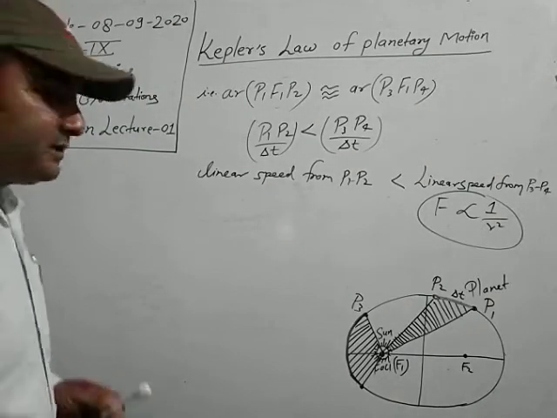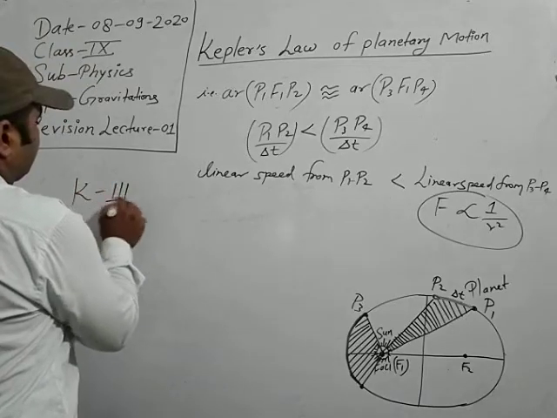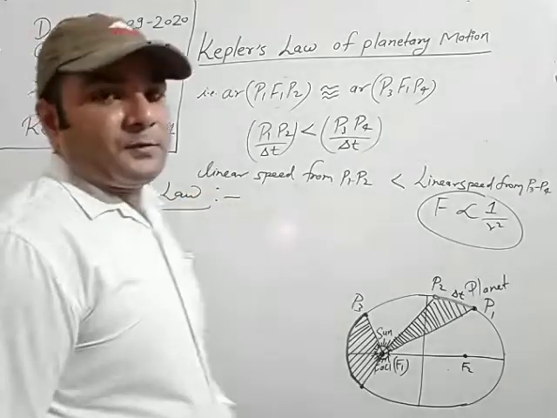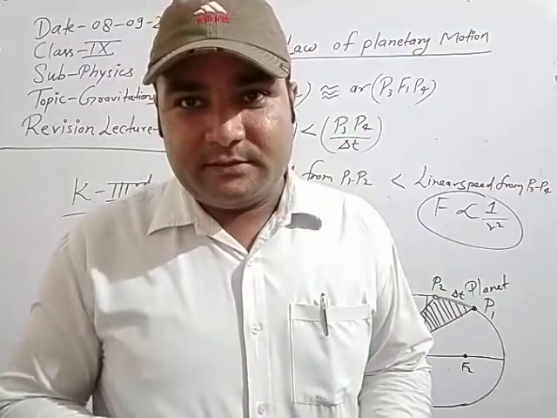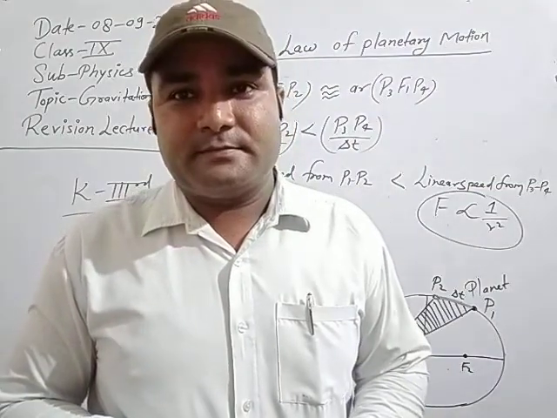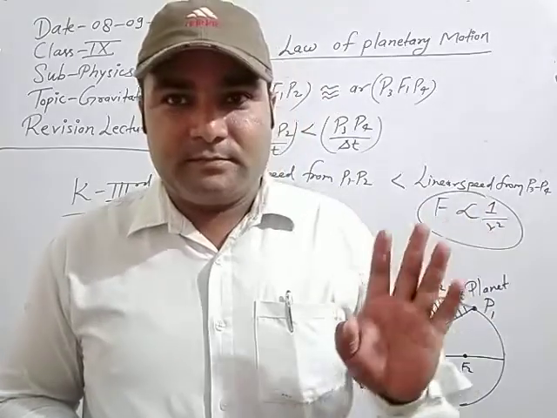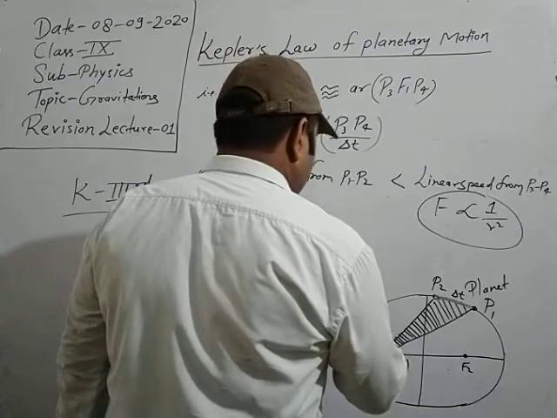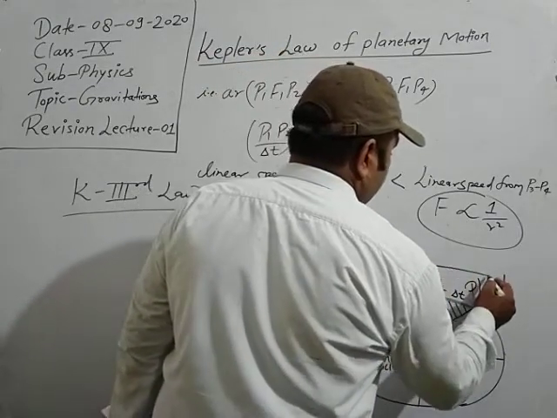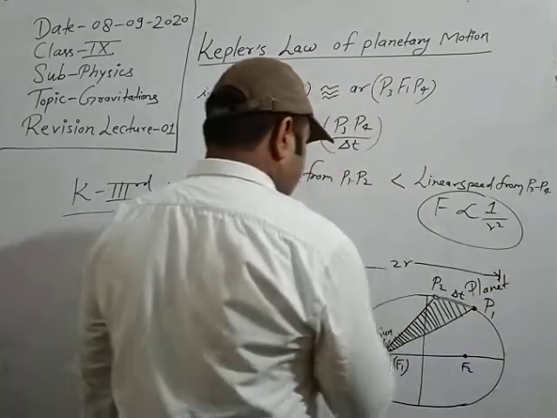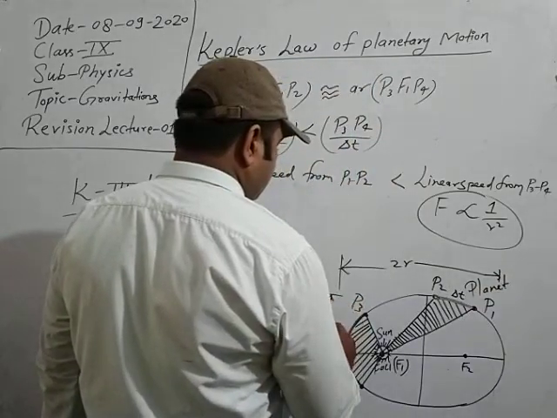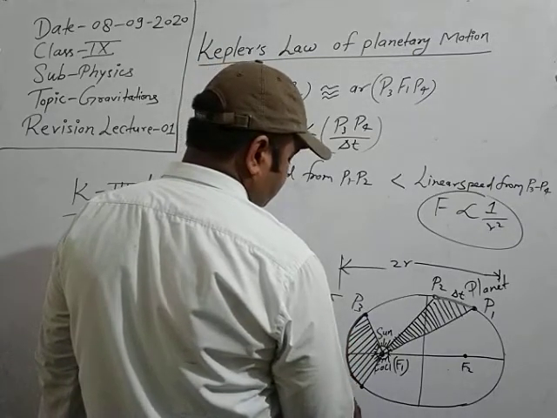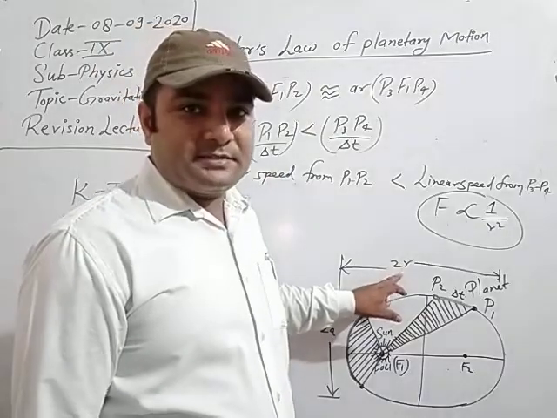Kepler's third law. Suppose t is the time period taken by the planet to revolve one complete round, and here the total length of the major axis is 2r, and this is the minor axis 2a, and this is the major axis.